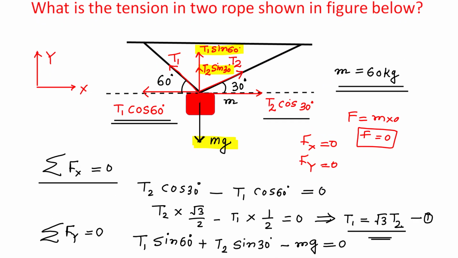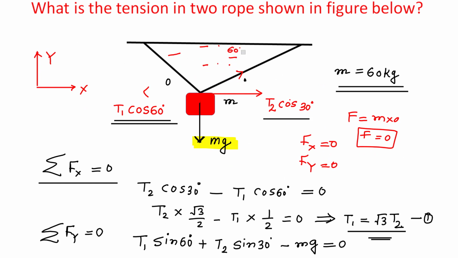Now a question for you. Let's say I have a third rope. Angles and everything are given. If I have a third rope somewhere here, that passes through this point as a vertical, then you will have three tensions, T1, T2, T3.